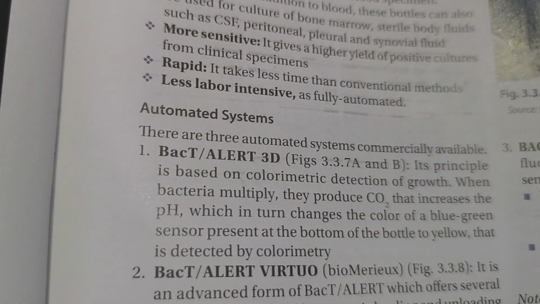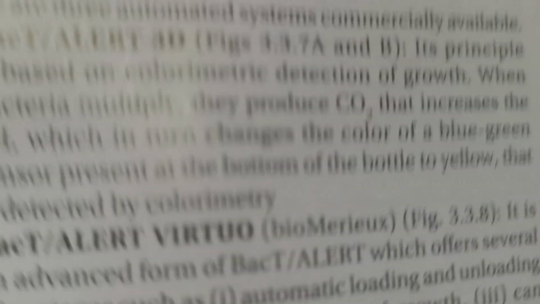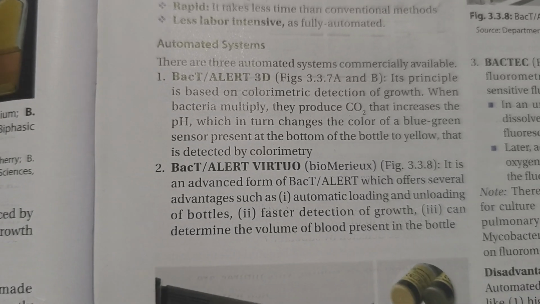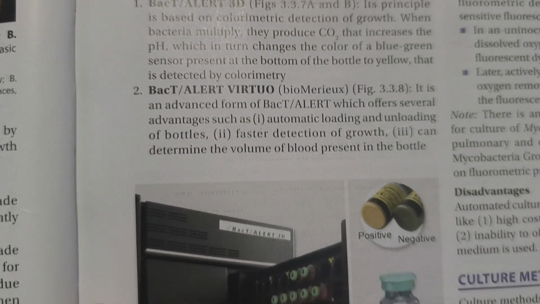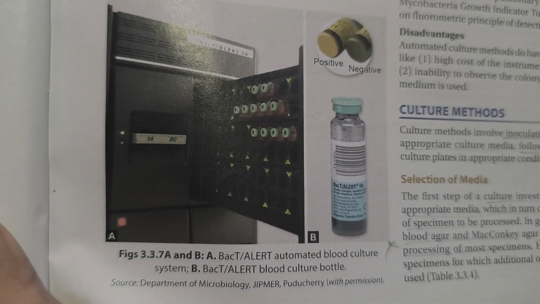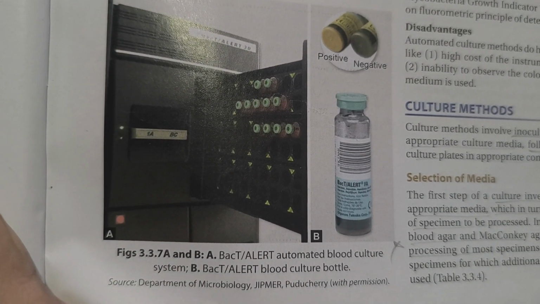There are 3 automated systems commercially available: Bactec or Alert 3D. So this is the Bactec or Alert automated blood culture system.